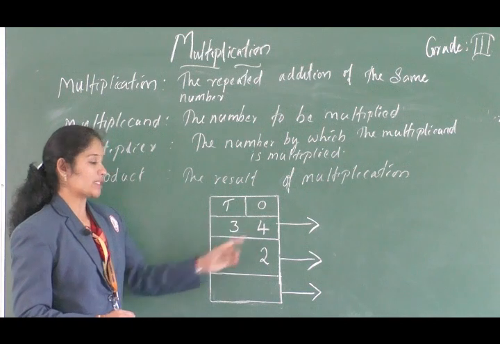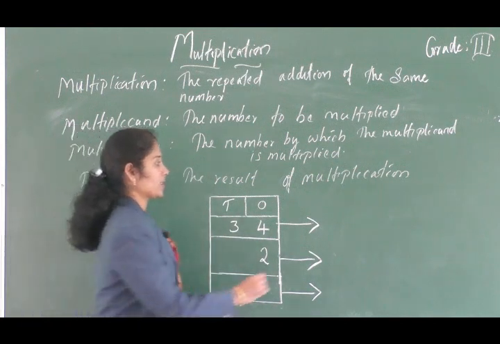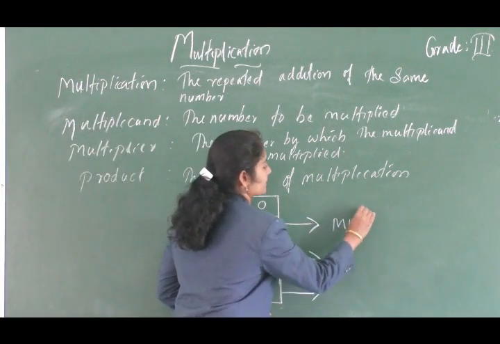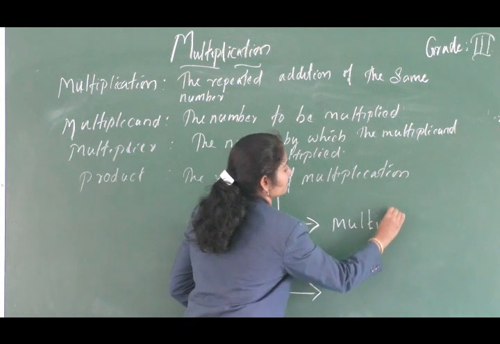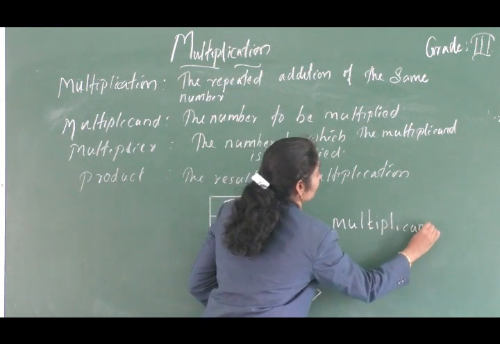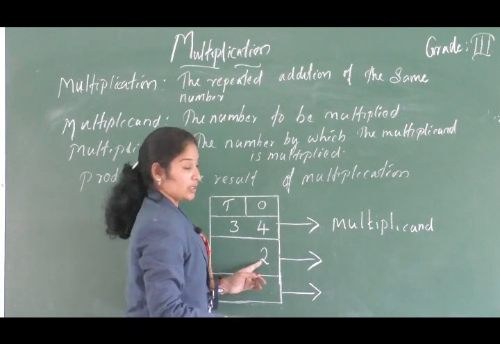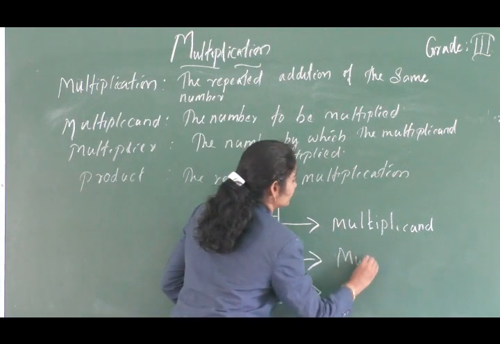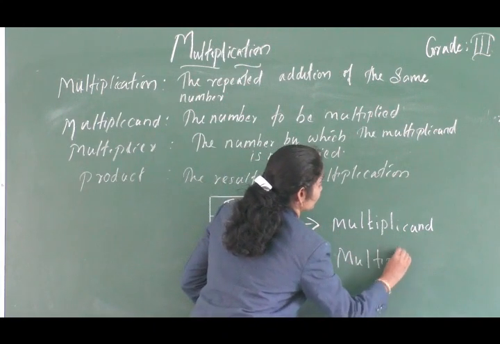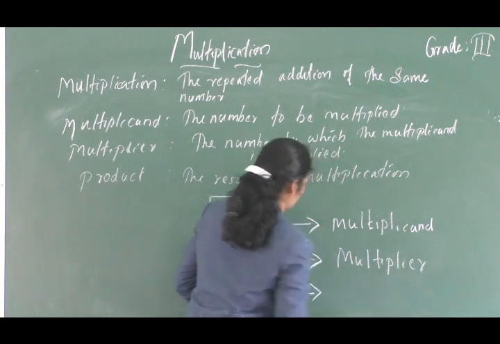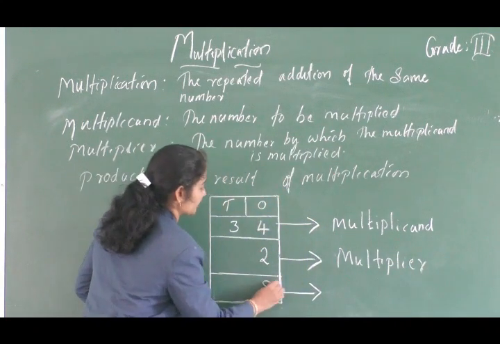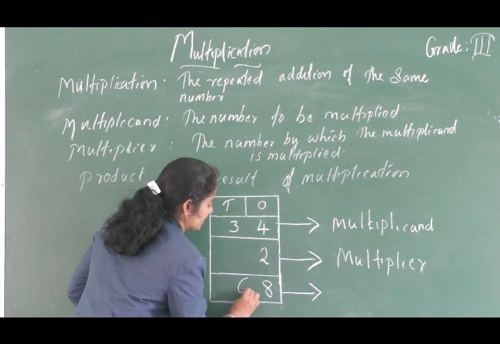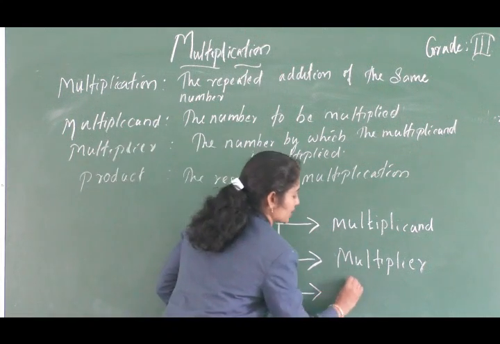Here, which one is multiplicand? Yes, first number is multiplicand and 2 is the multiplier. 2 into 4, 8. 2 into 3, 6 is the product.